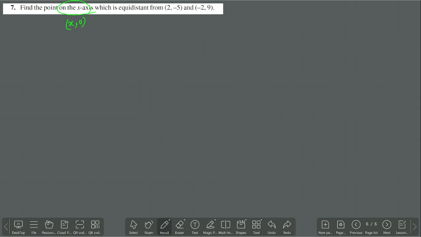It is equidistant from two points, they are telling. The point we have to find is x comma 0. I am taking it as point P, which I want to find. But they have given one condition: this point is equidistant, that means equal distance.